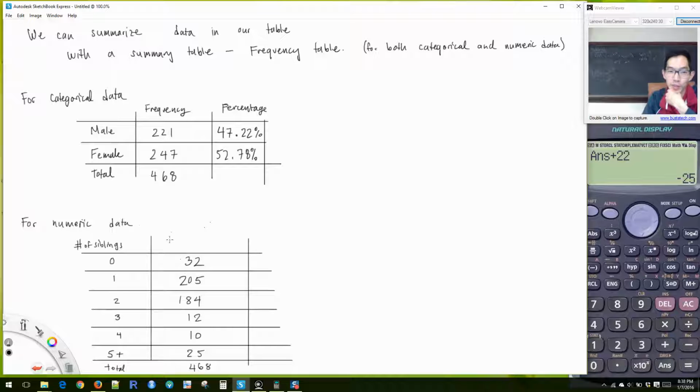Okay, and so here this is again a frequency table. The key difference is that when you have categorical data, you can switch the order of rows. Or maybe I should say row order is arbitrary for categorical data.